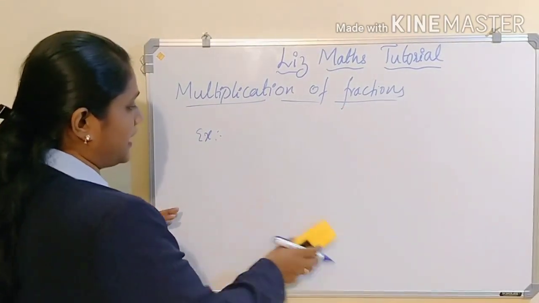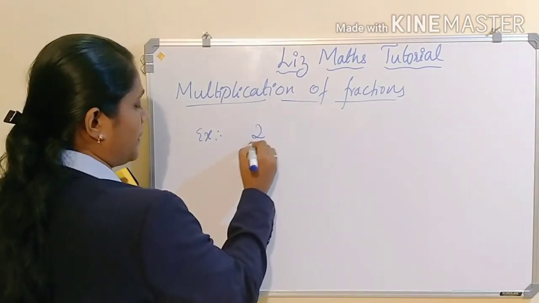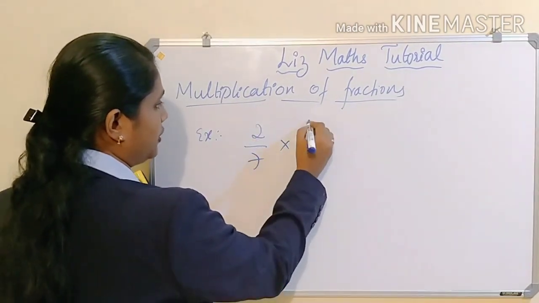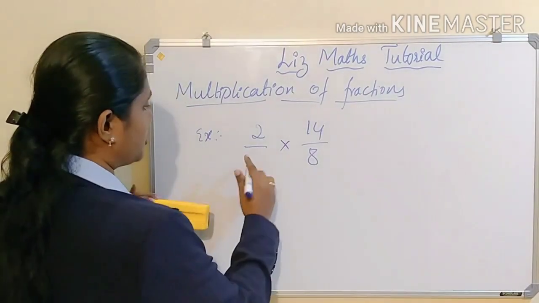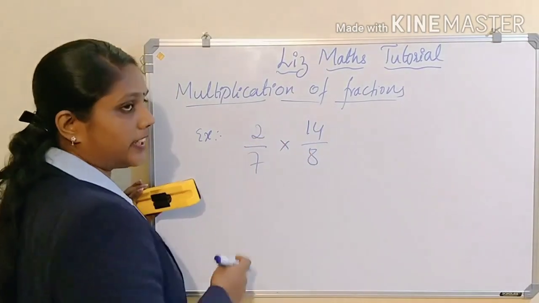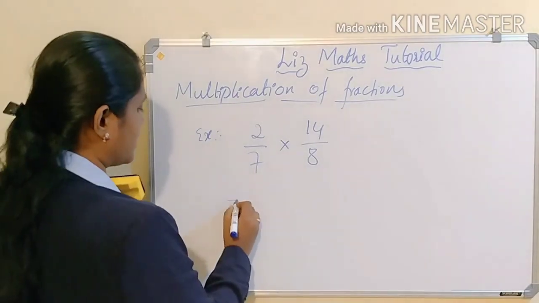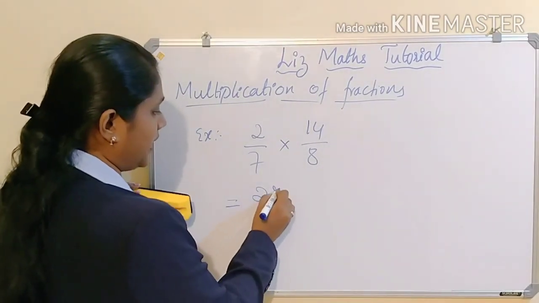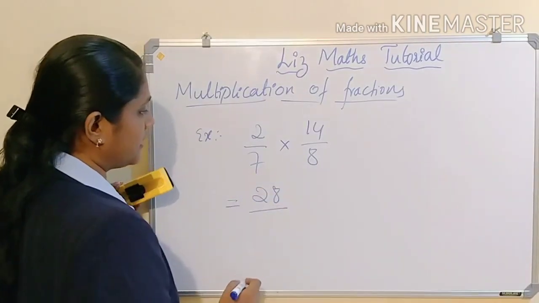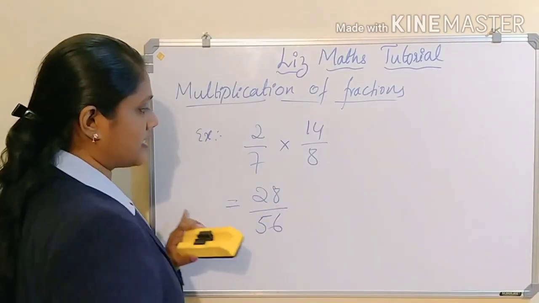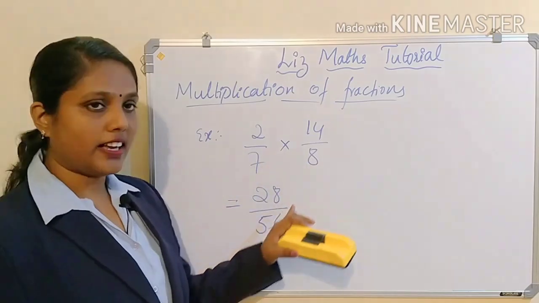The same example I will take. 2 by 7 into 14 by 8. See what you have to do. Here you have to go for 2 14s, how much? 2 14s are 28, divided by 56, 7 8s are 56.